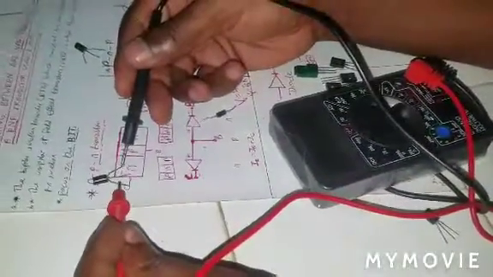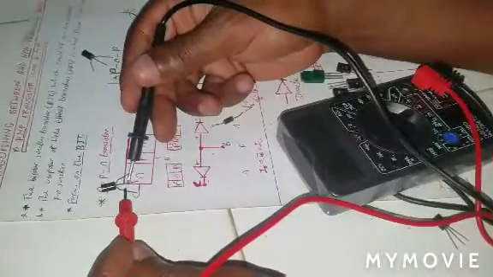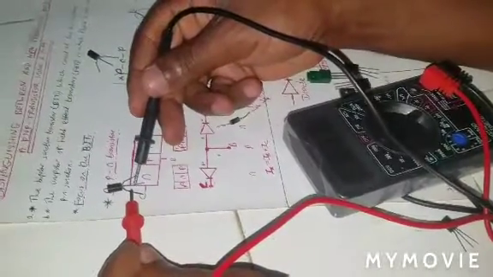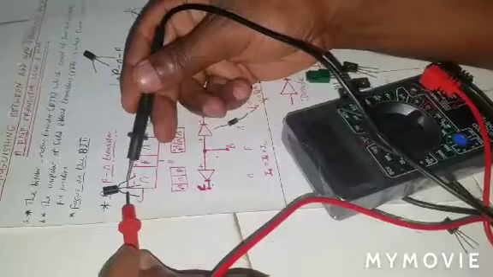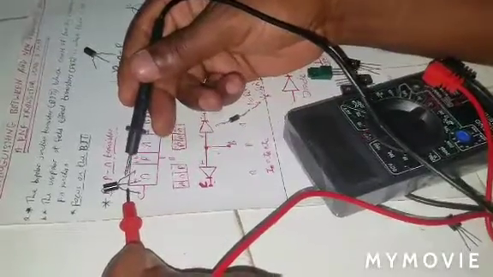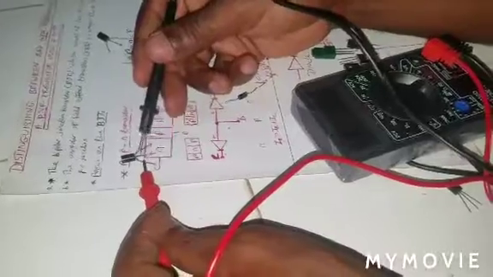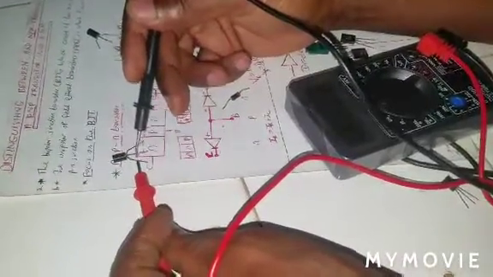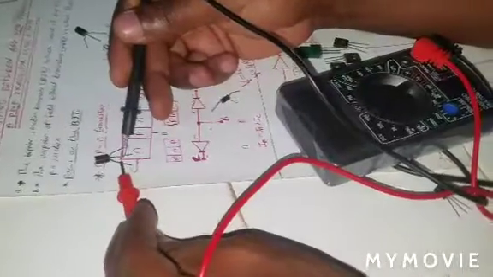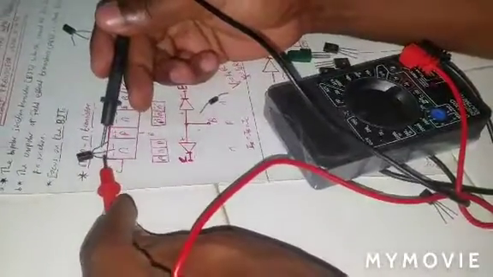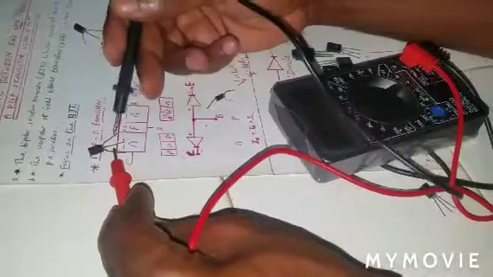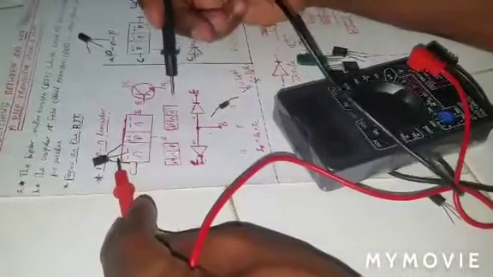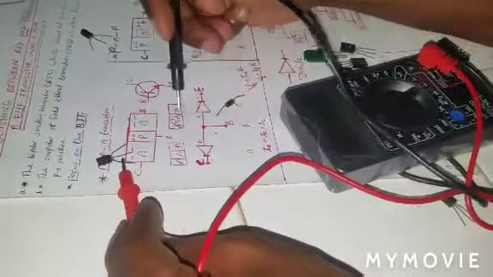Now I'll assume that my base is here, the positive terminal is here, and then I'll test. A reading is given, a reading is also given, which means there are two N types and one P type. So this is an NPN. So the arrangement is exactly this arrangement, PNN.